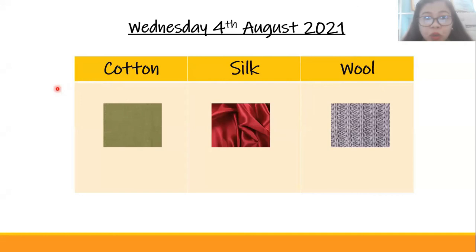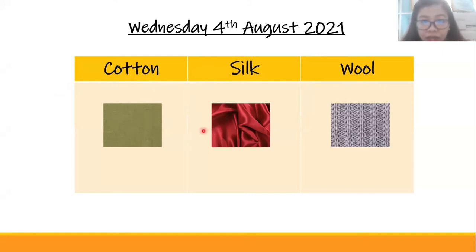Look for your old clothes that are made of cotton, cut a small piece, and then paste it here. If you have an old tie, polo shirt, or dress that are made of silk, you can cut a small part if you're not using it.